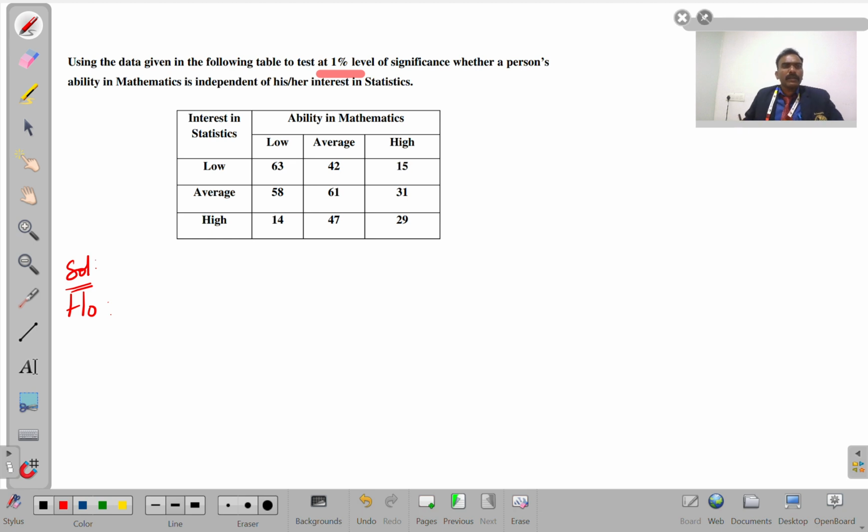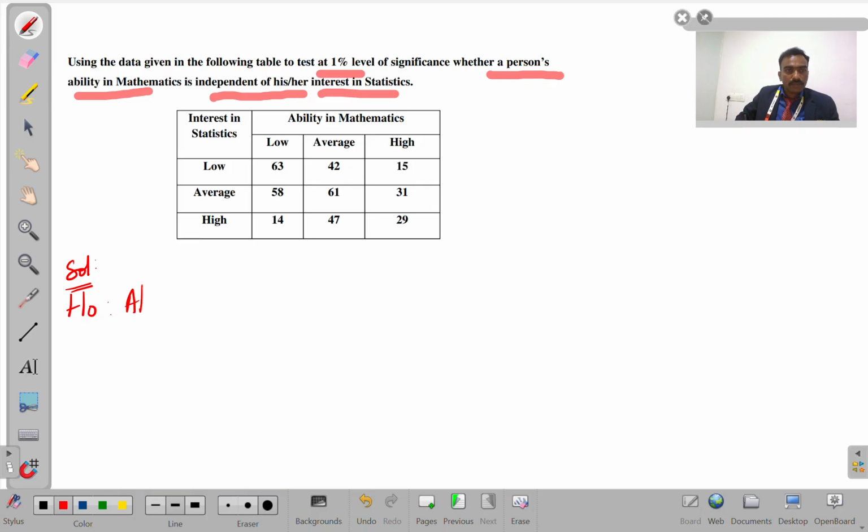Here they've given whether a person's ability in mathematics is independent of his or her interest in statistics. So H naught is that ability in mathematics and interest in statistics are independent.